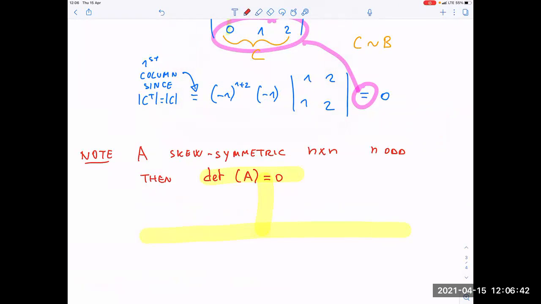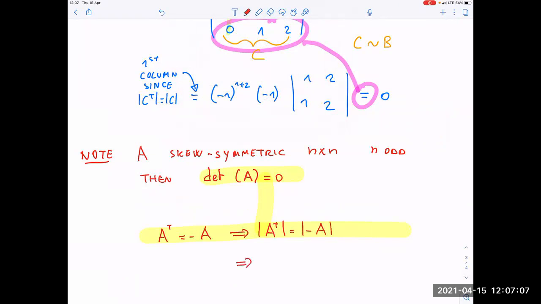Well, this is because skew symmetric means that the matrix, if you transpose it, is equal to its opposite. I finish this and then I go read the chat, okay? So just follow me for a second. The determinant of the transpose must be equal to the determinant of the opposite.